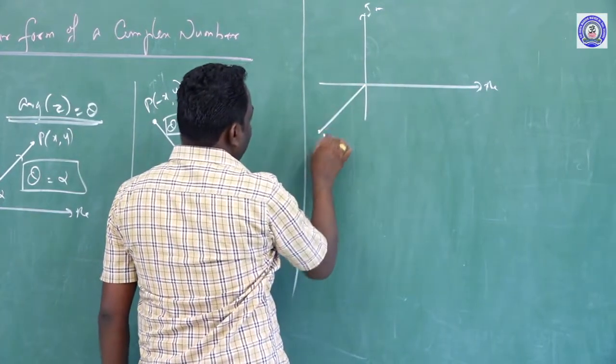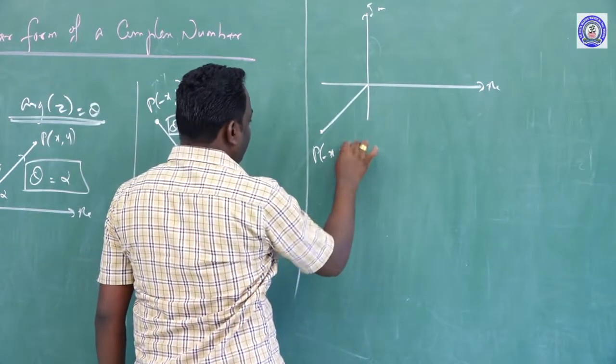The point lies in the third quadrant, so P is defined by minus x comma minus y.